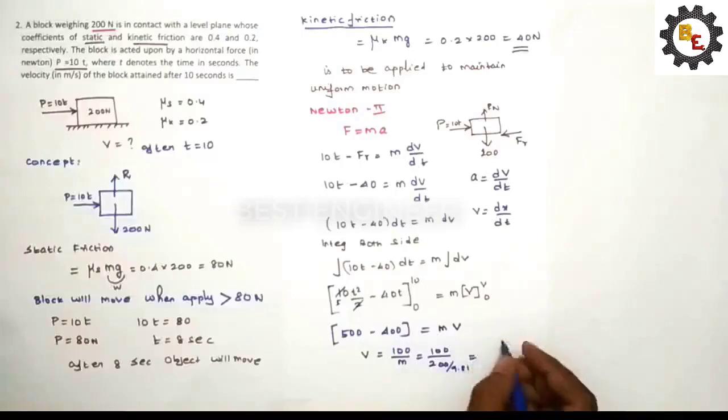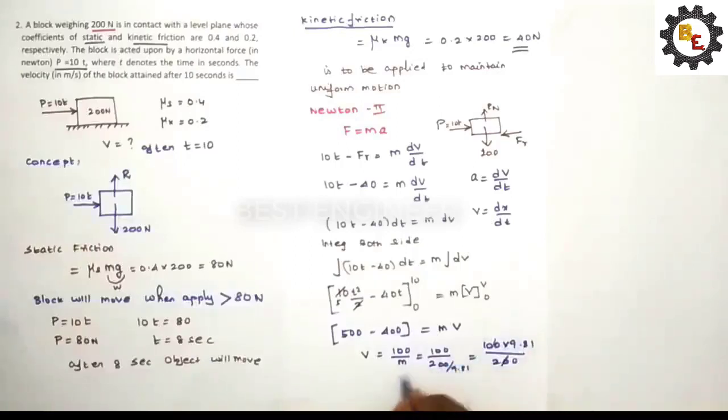So v equals 100 into 9.81 divided by 200, which gives v equal to 9.81 divided by 2, that is 4.9 meter per second. This is the velocity.